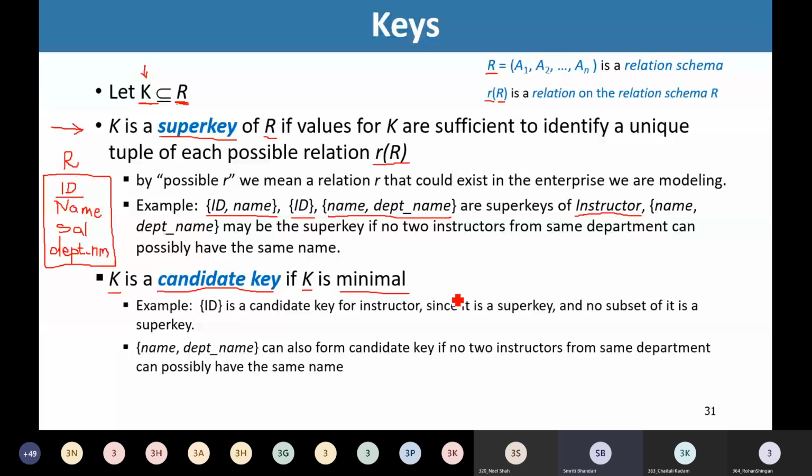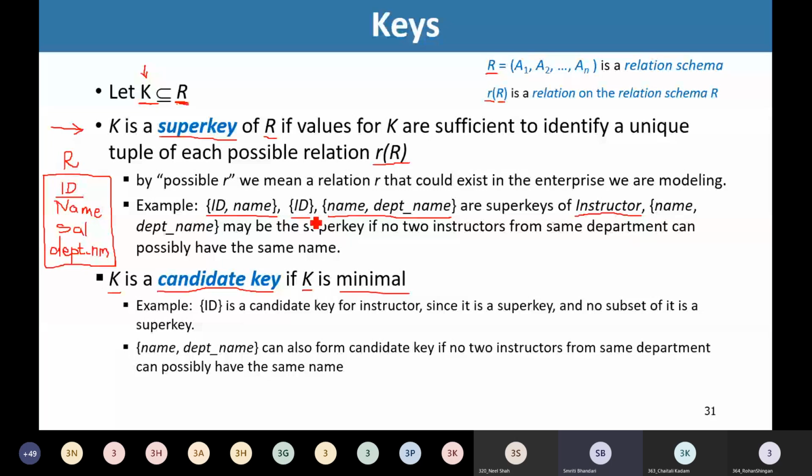If we look at the attribute ID, ID is a super key, and no subset of this ID is also a super key.